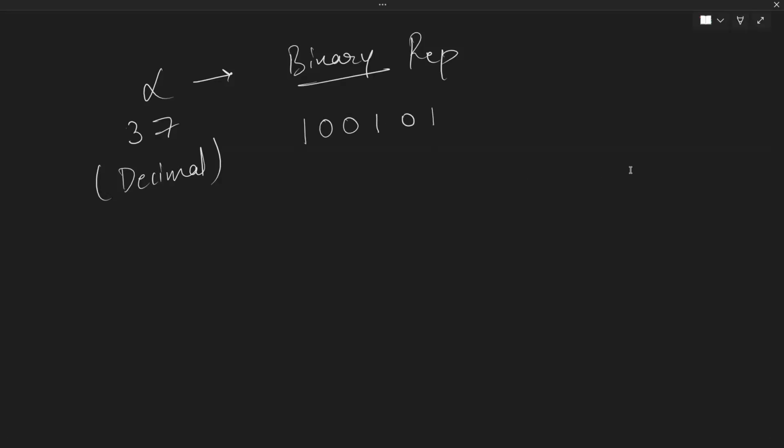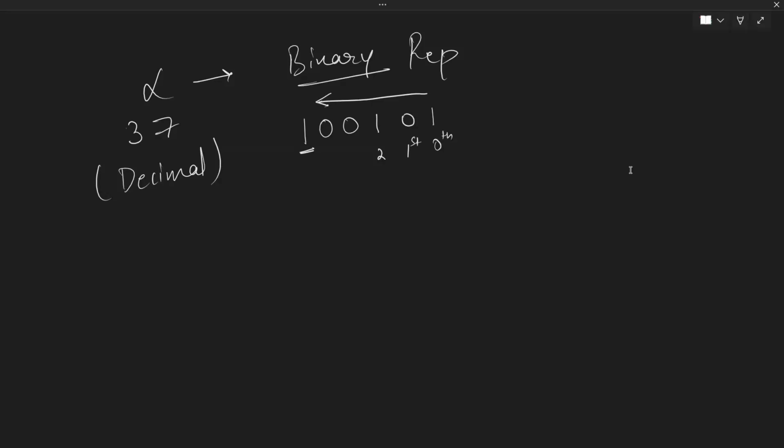This is the 0th bit, first, second, and this way. When we are writing binary, we go from this side to this side. So this is the most significant bit, and this is the least significant bit, right? Everybody knows this.